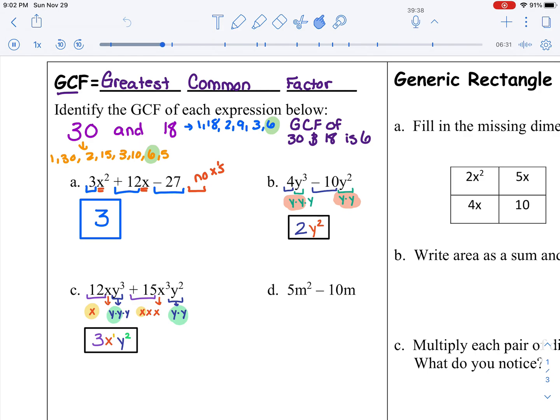Now for the last piece, I want to look at my expression 5m squared minus 10m. 5 and negative 10 are both multiples of 5.